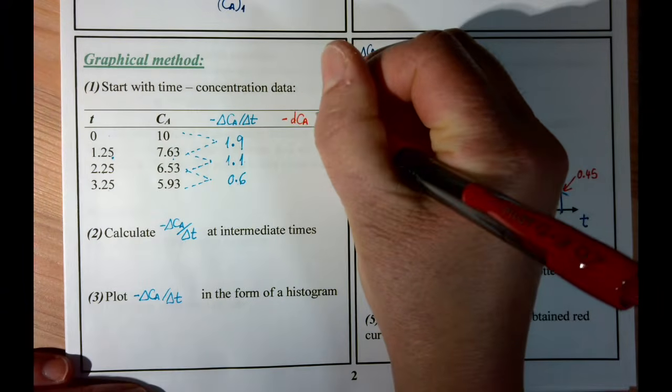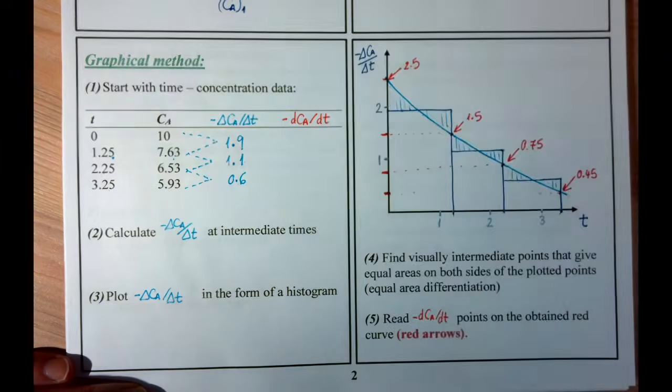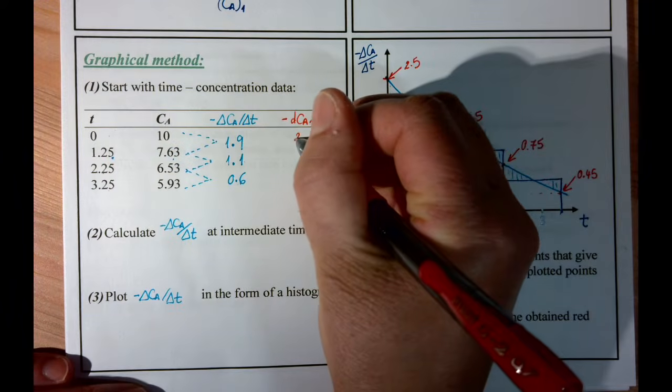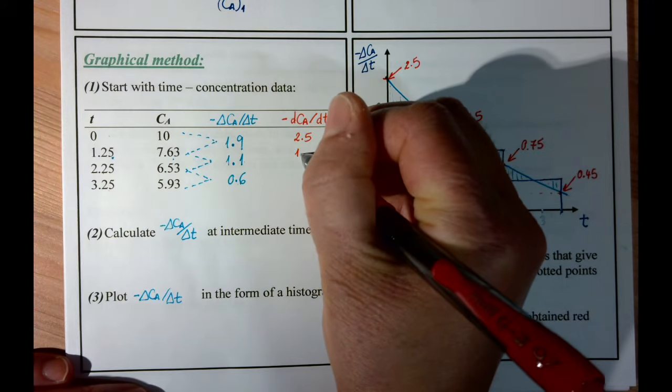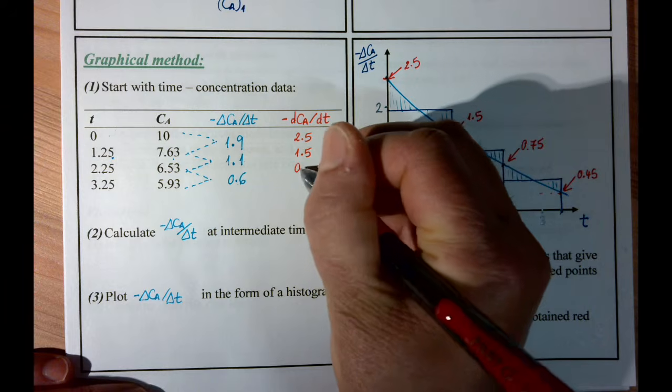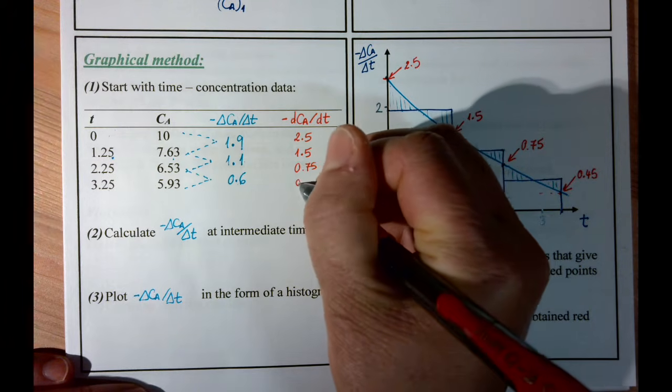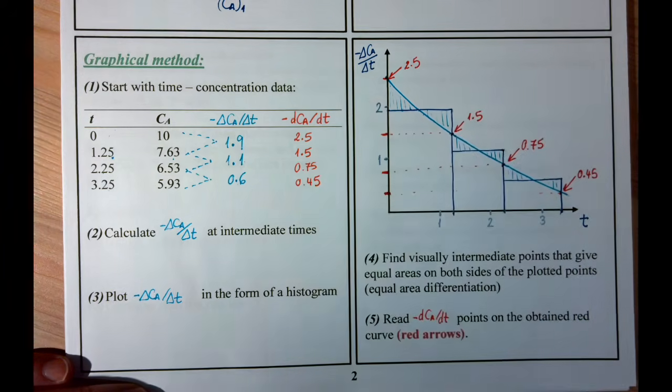Minus dCA dt for this experiment would be 2.5, 1.5, 0.75, 0.45.